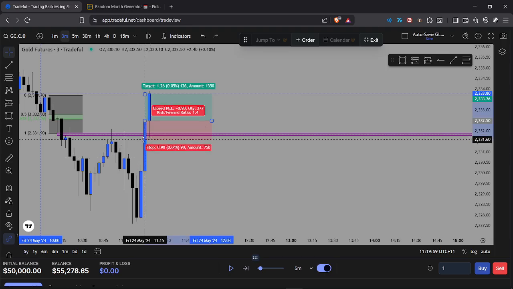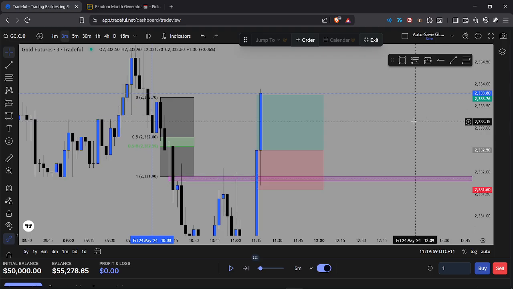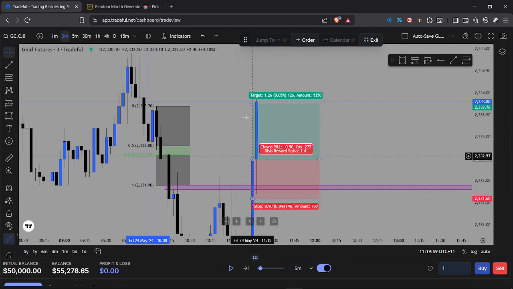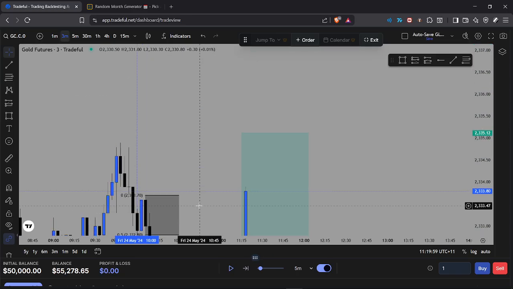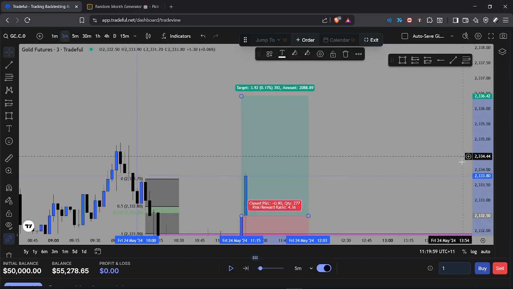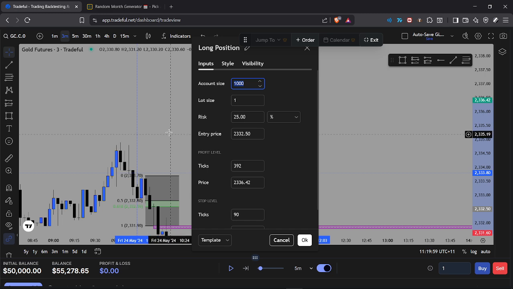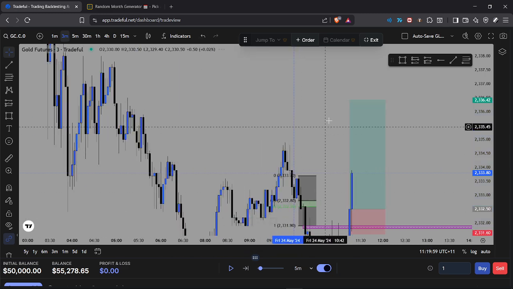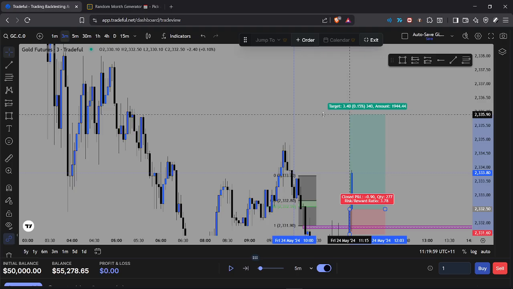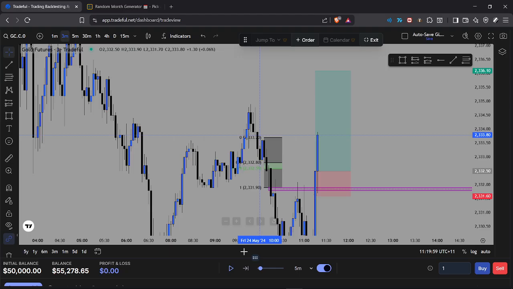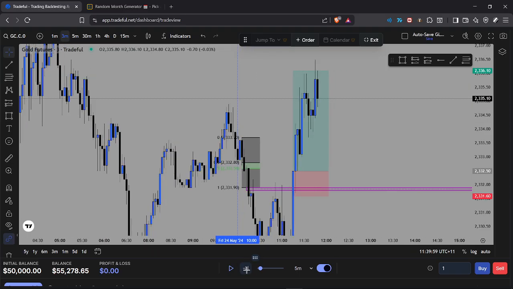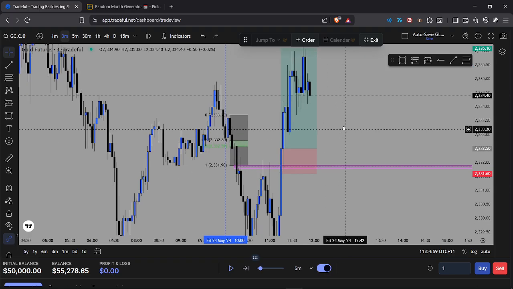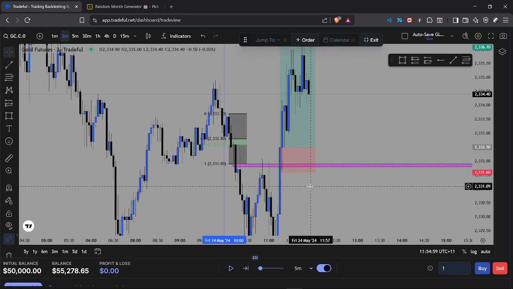Stops below the FVG. Target 4R. Do we have anything? Yeah, we do. Yeah, those equal highs there. Okay, so I guess this should have been the trade, which is a win again.